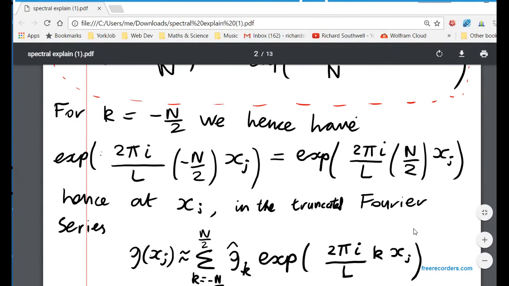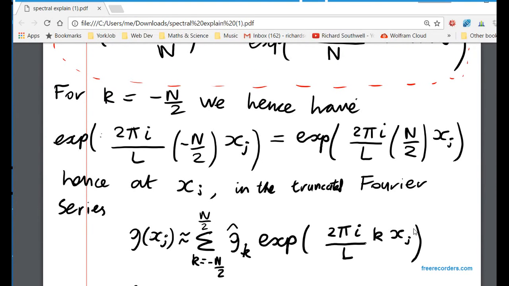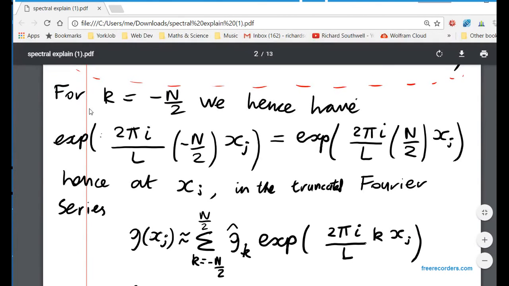Okay, so I just want to use that fact to get our sum into the appropriate form. When k is minus n over 2, the exponential has this form. But that's actually going to be the same as the exponential that we get by adding n to that k value.